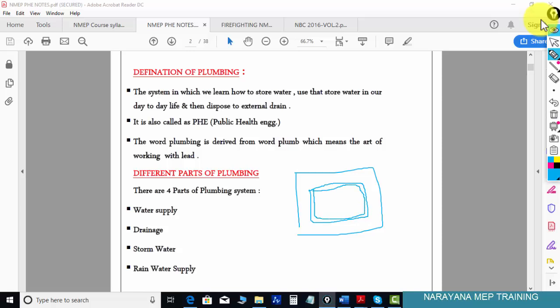That water will be collected in some pit, and then you will have a pump. It will drain out to the existing nala and all. This is called storm water drainage. Clear? You're making notes? You can write it down in between.